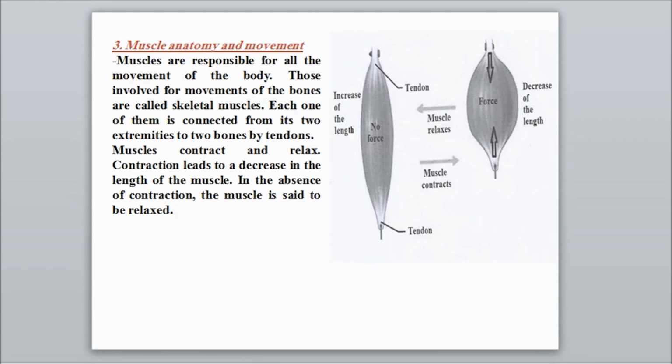Those involved in movement of the bones are called skeletal muscles. They are attached by tendons to the bone. That is, each one of them is connected from its two extremities to two bones by structures called the tendons.